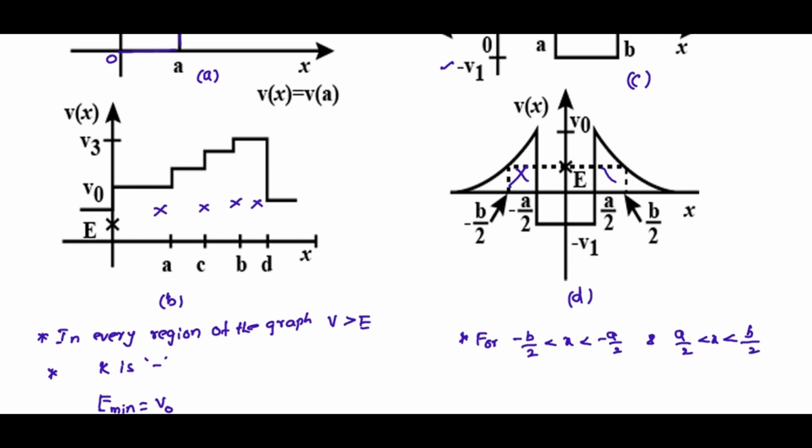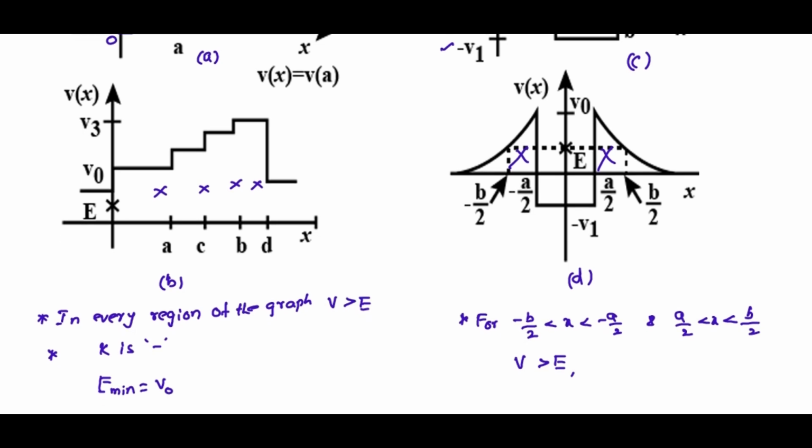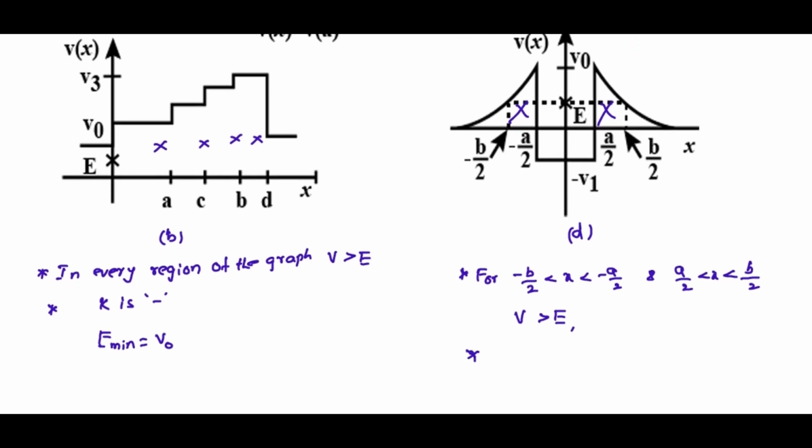that means in this region potential energy value is more than total energy. That means in this case kinetic energy is negative, which is impossible in these regions.